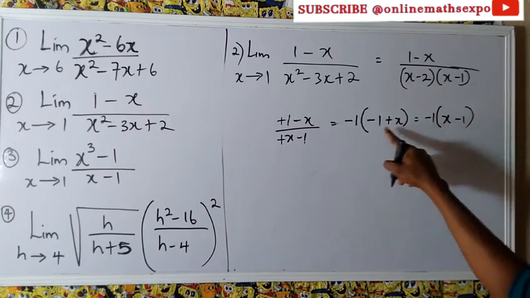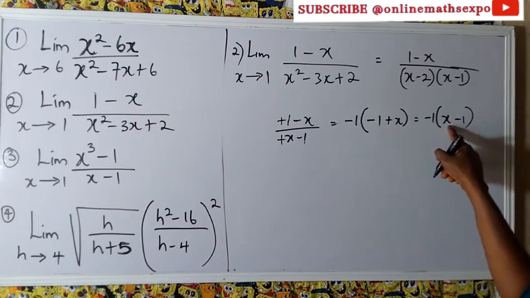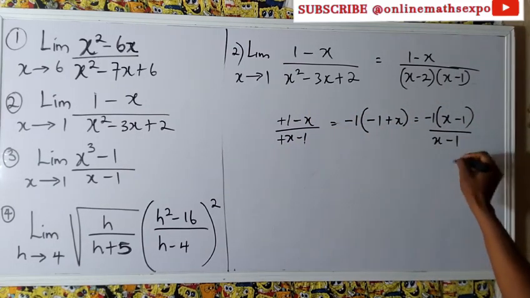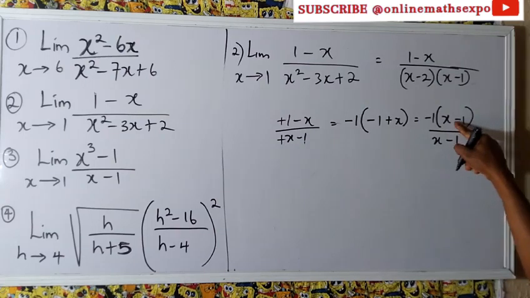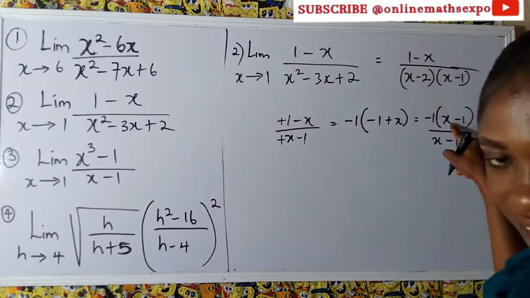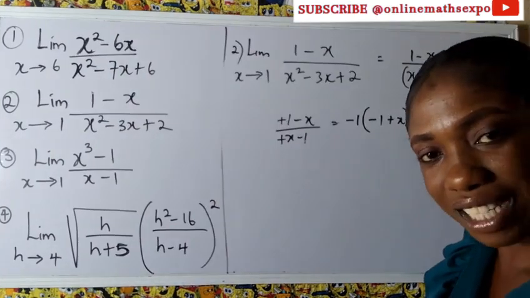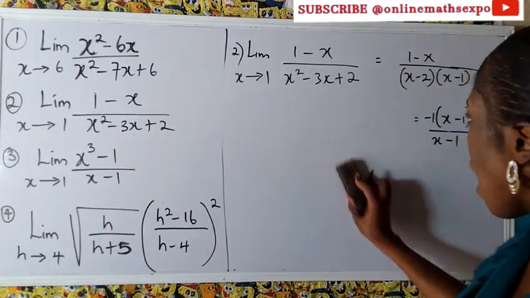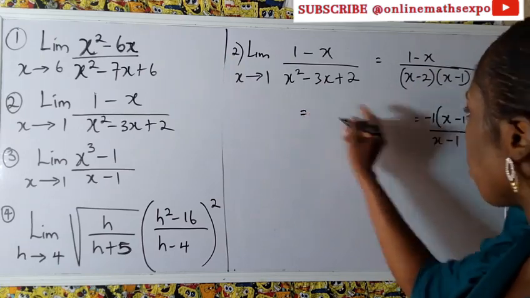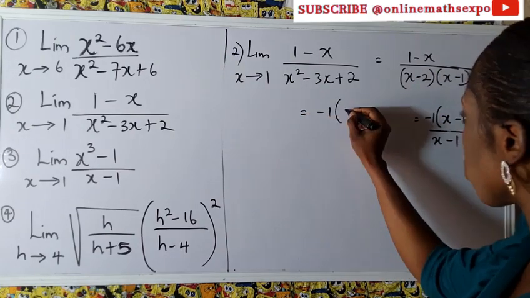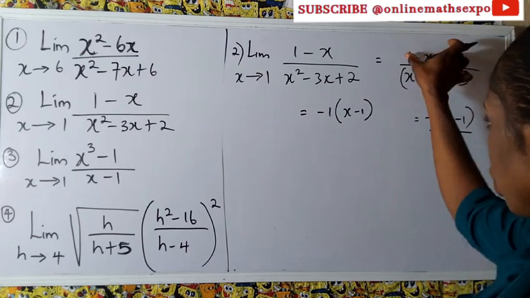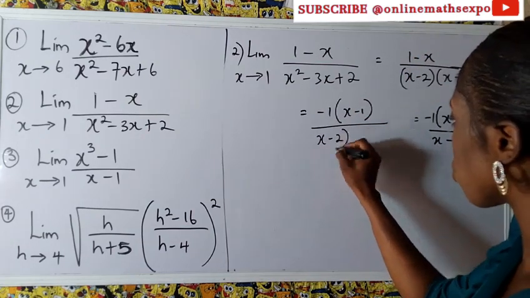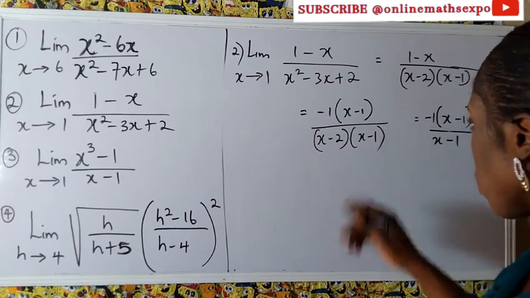You see? So this is the same as this. For the denominator, we still have x minus 1. So at this point, they now have the same signs, and it is only at this point that you can cancel. So let's do it together: for the numerator we have negative 1 times x minus 1, and for the denominator we have x minus 2 and x minus 1.